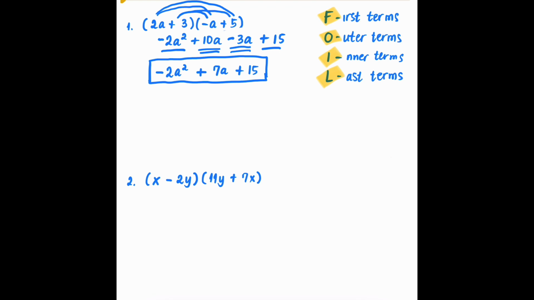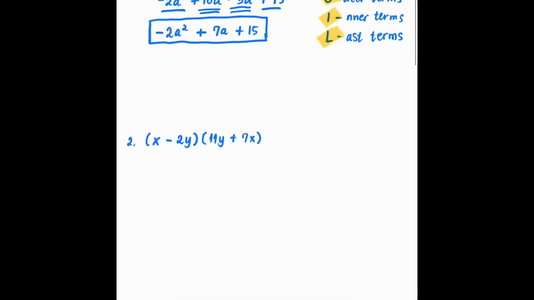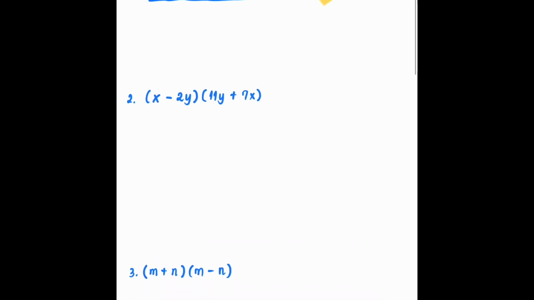Okay, so question number 2. We have x minus 2y multiplied by 11y plus 7x. So we have our first binomial, which is x minus 2y, and we have our second binomial, which is 11y plus 7x. Okay, so to follow the FOIL method, we first multiply x times 11y, which gives us 11xy, followed by the outer terms.